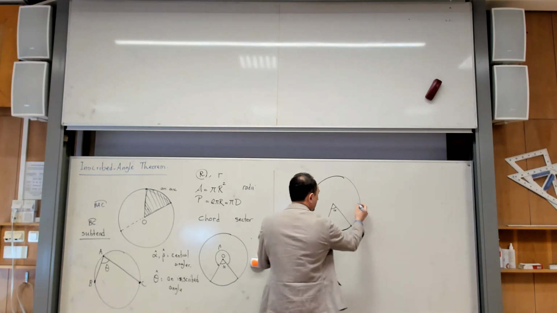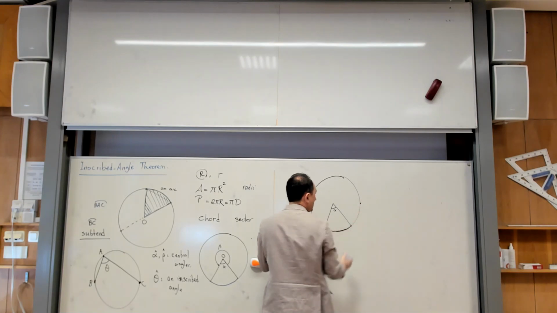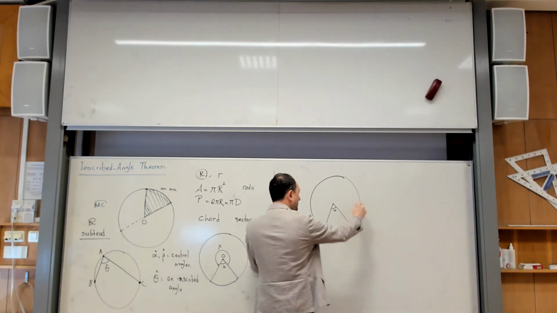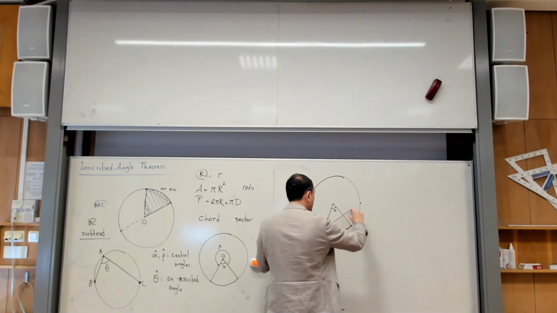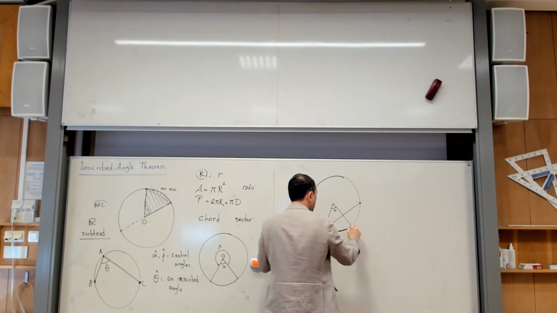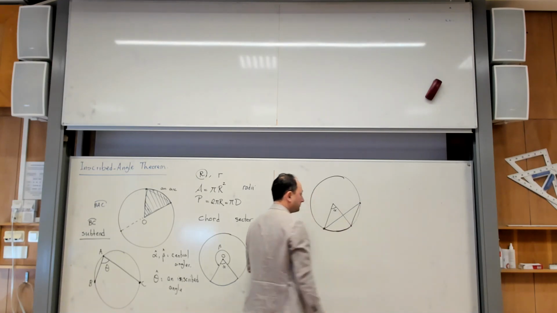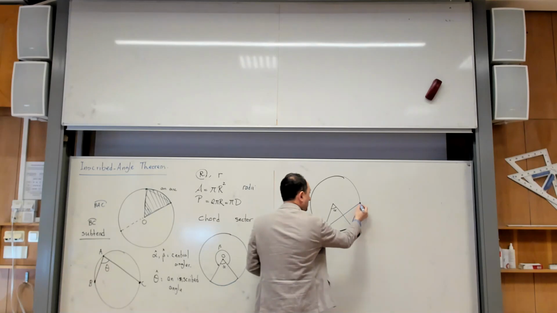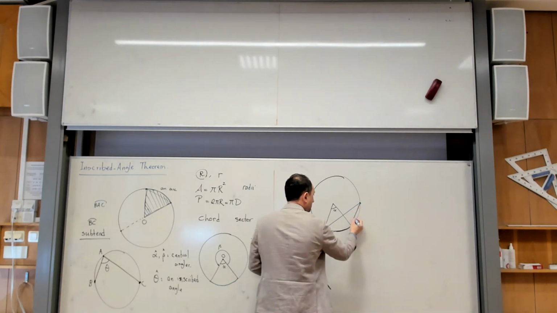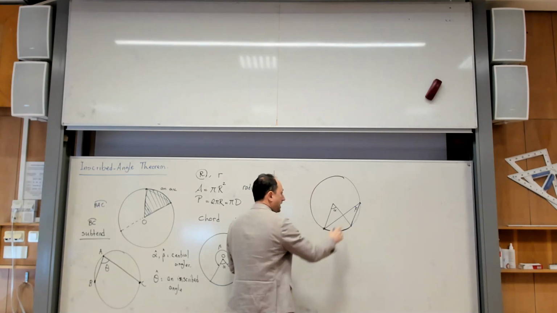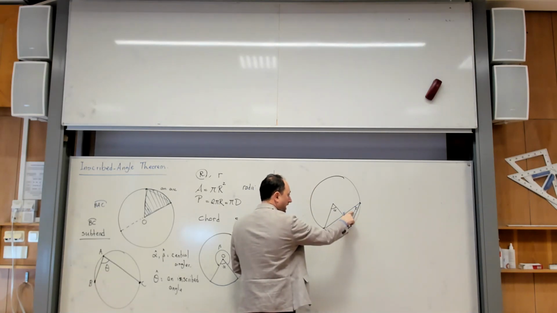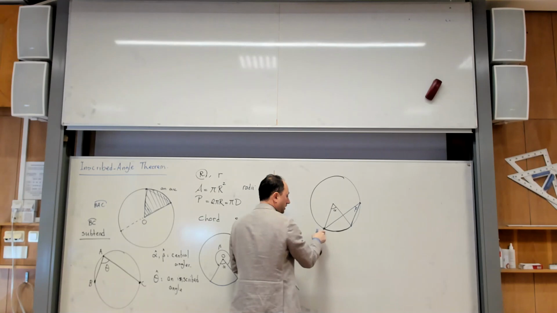For example, let me take this random point here on the circle, and let me draw these two chords. So you see, this angle, let me call it beta, is an inscribed angle subtending this arc.